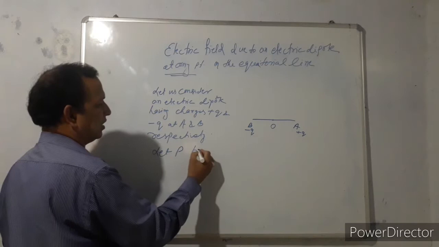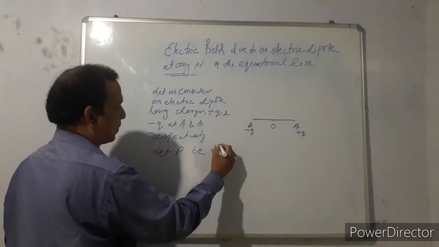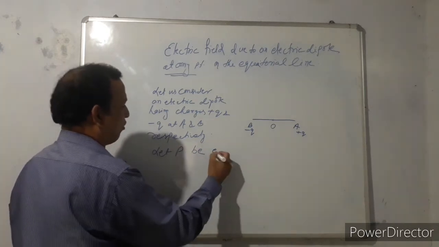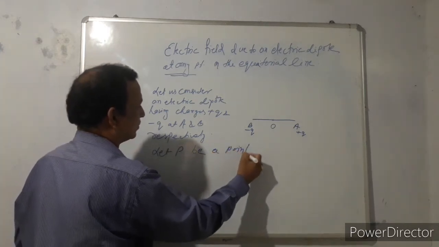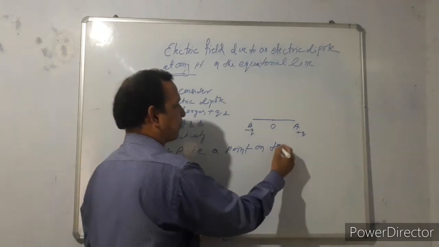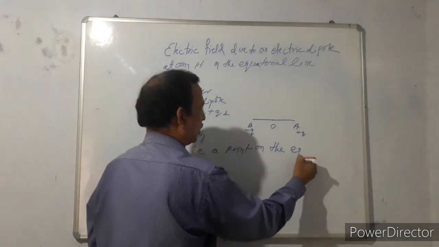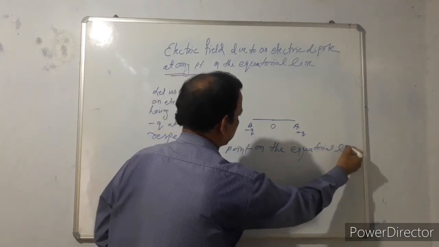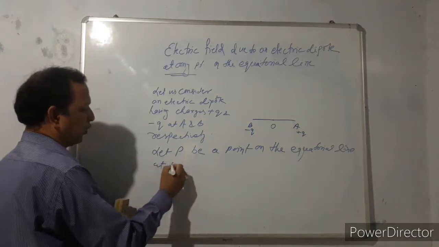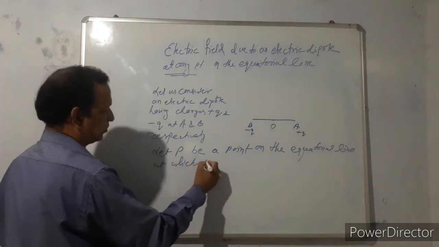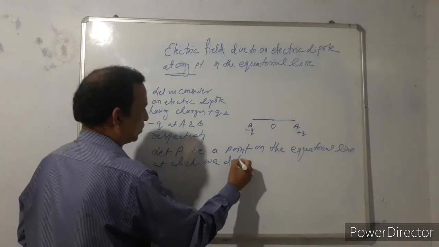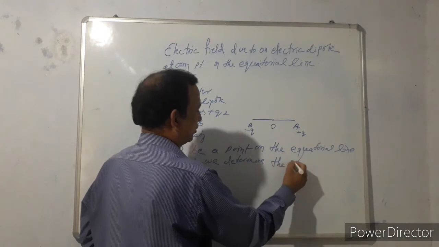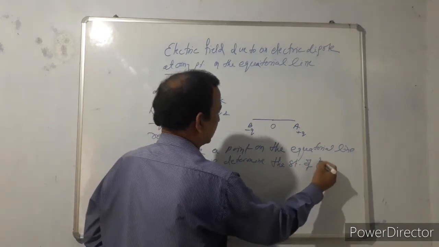Let P be a point on the equatorial line at which we determine the strength of the field.